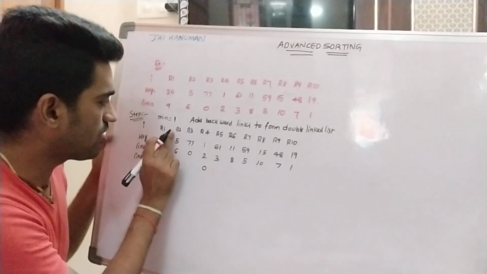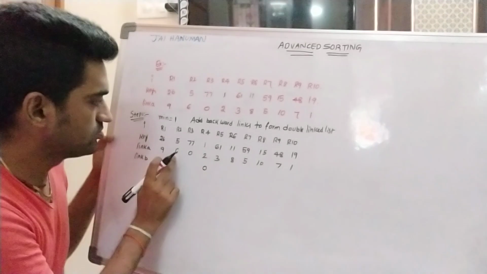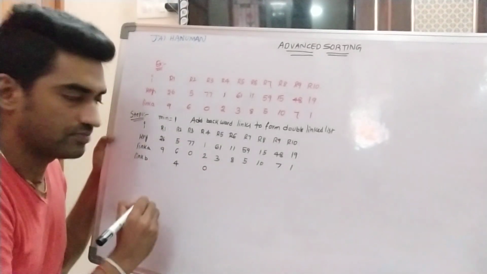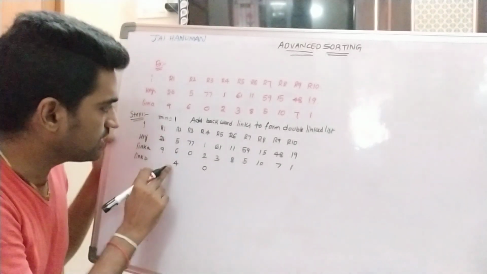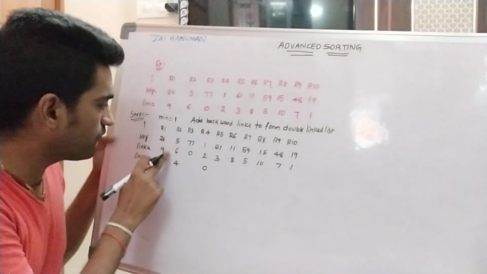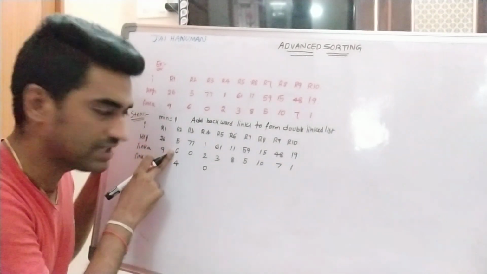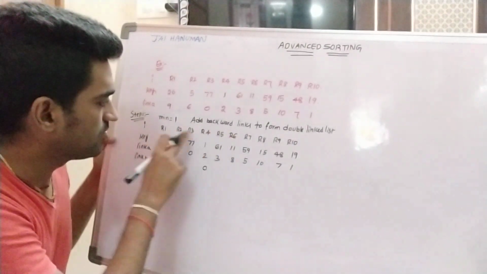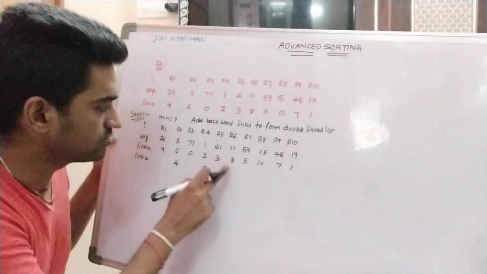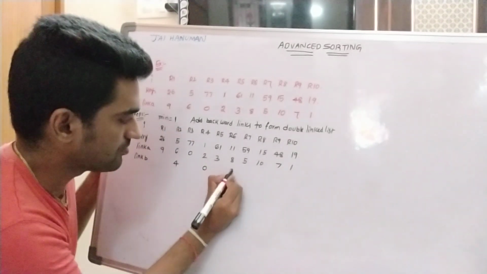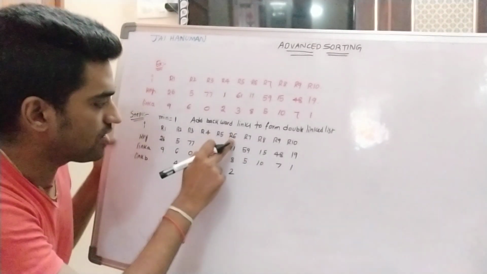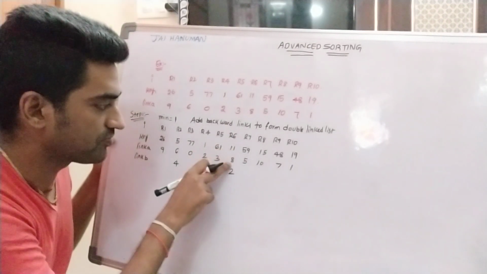Go to R2, place 4. Again check the link A of R2, 6. Go to R6, place 2 in link B. Again we are checking the link A of R6, 8.